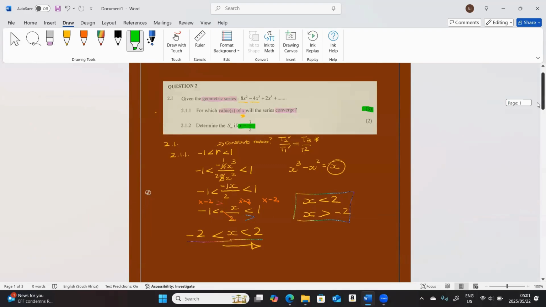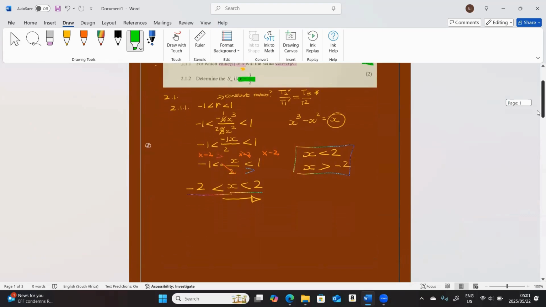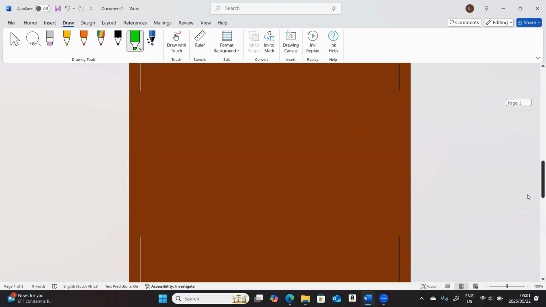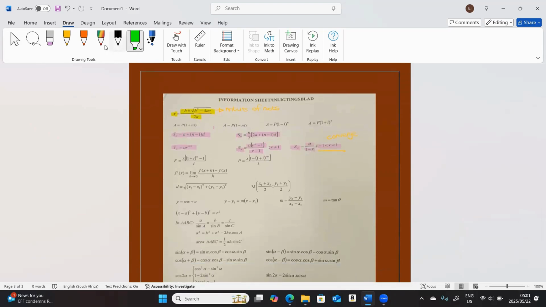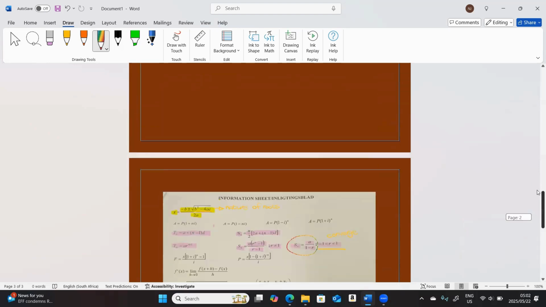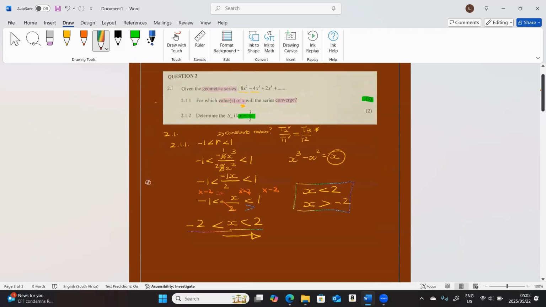Once again, we saw on the formula sheet, there is the formula for the sum to infinity. It's A over 1 minus R. Let's quickly apply that.